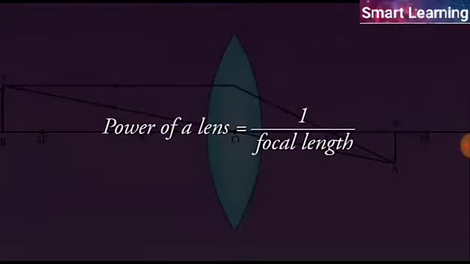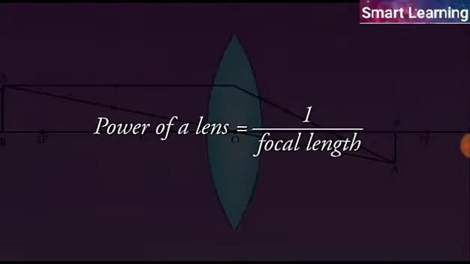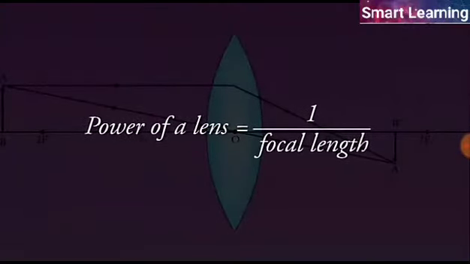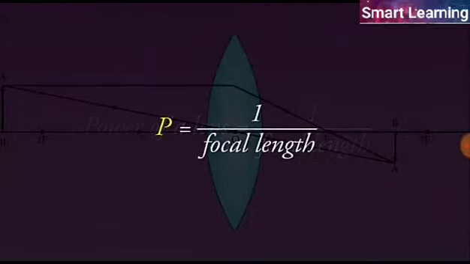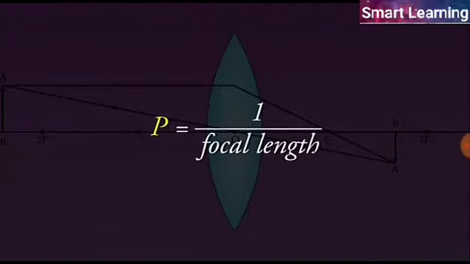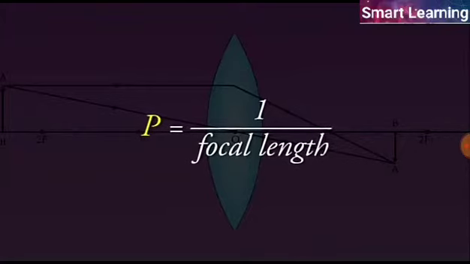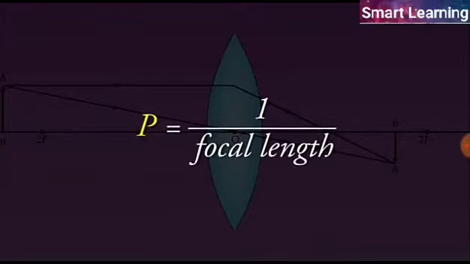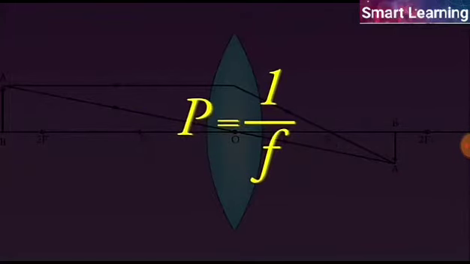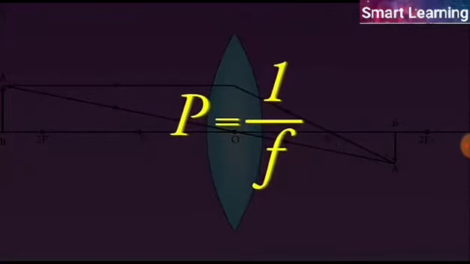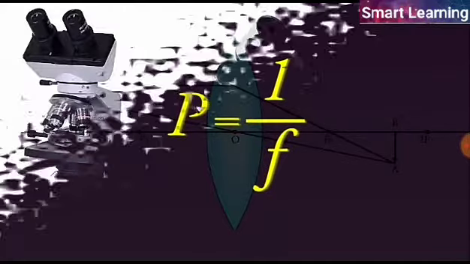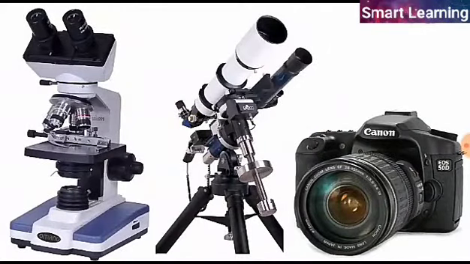The power of a lens is defined as the reciprocal of its focal length. It is represented by the letter P. The power P of a lens of focal length f is given by P is equal to 1 upon f. Many optical instruments consist of a number of lenses.